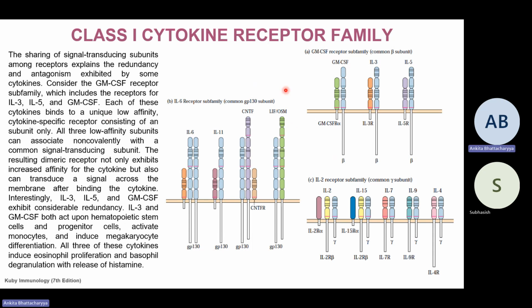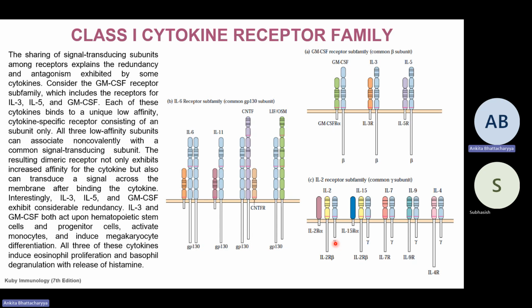The second type is the IL-6 receptor subfamily, which has a different common unit called gp130, a glycoprotein, glycoprotein 130, which is common to all the different members of this subfamily of the IL-6 receptors.